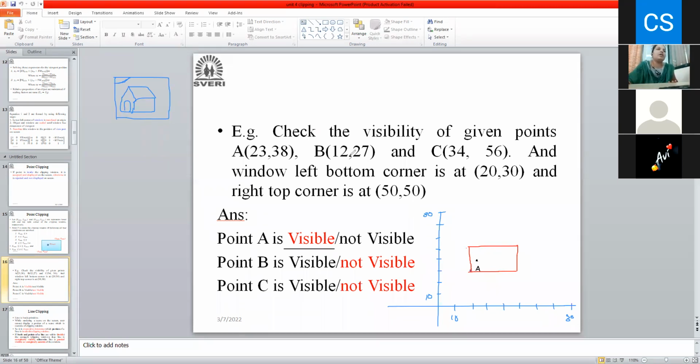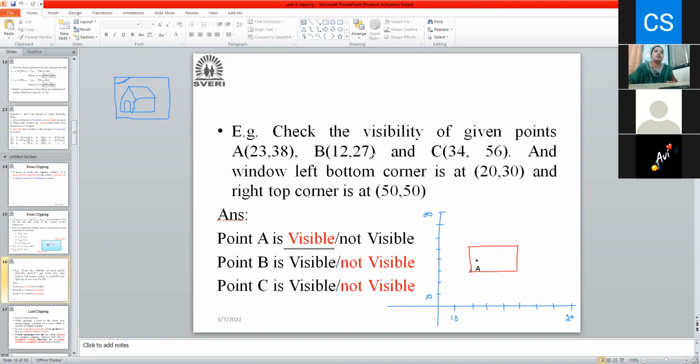Then what about point B? Point B, X value is not in between 20 and 50. 20 is your lowest X value and 50 is your highest X value, and 12 is the X coordinate value of point B. So the first condition is not satisfying, that B is having less value than 20, that is the smallest value of the rectangle.